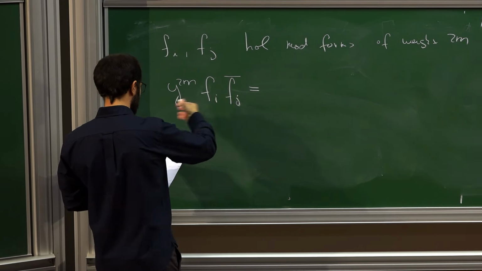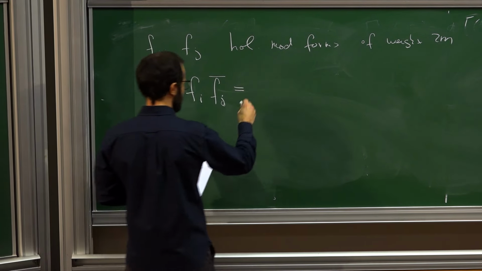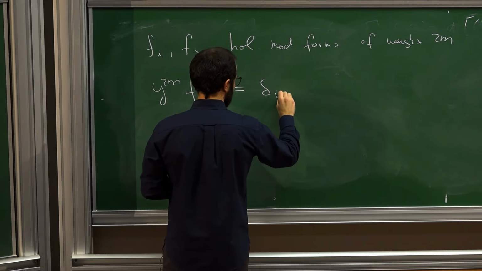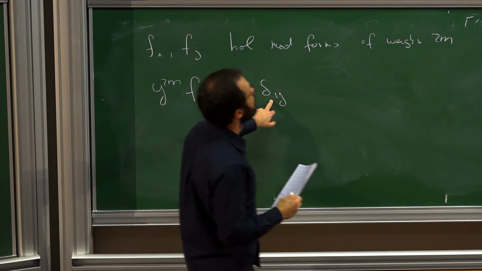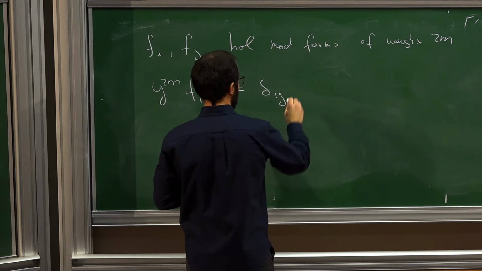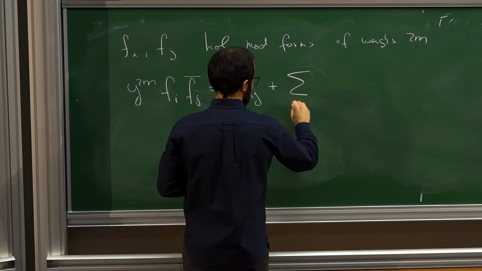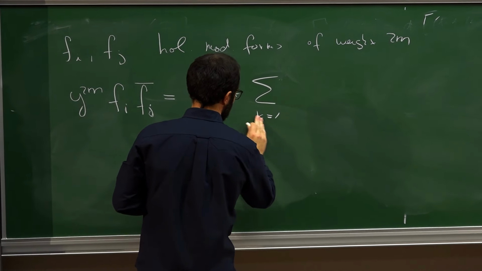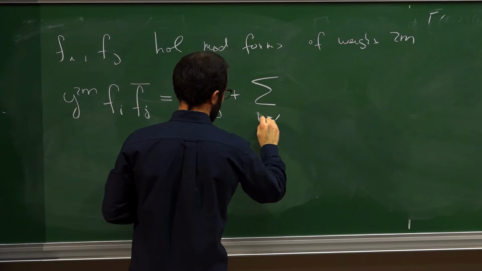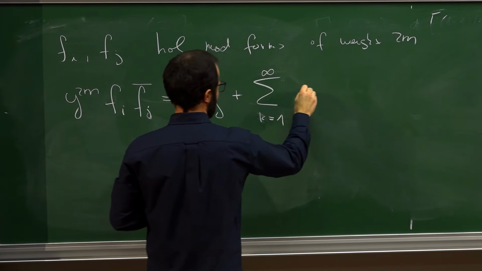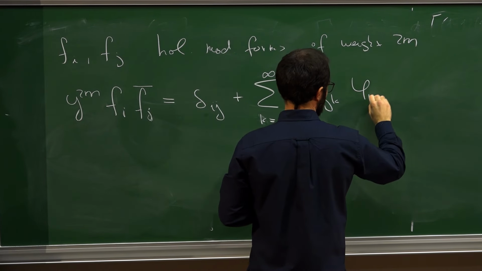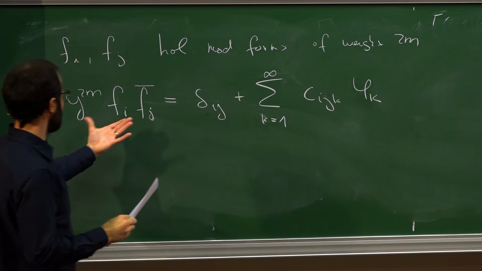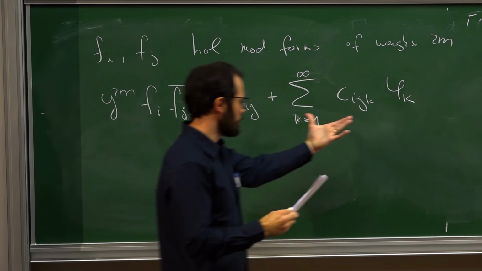You can then expand this in the basis of Laplace eigenfunctions. So the identity, the constant function, will contribute as delta ij, because of that normalization. And then there is an infinite sum over k with some coefficients c_ijk times the Laplace eigenfunction phi k. So this is just an expansion of a function in terms of the Laplace eigenbasis.